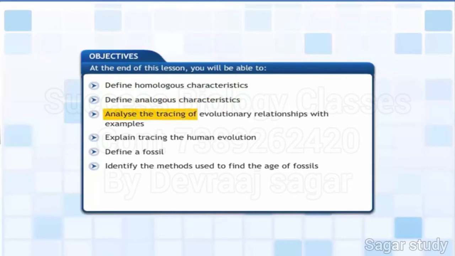Analyze the tracing of evolutionary relationships with examples. Explain tracing the human evolution. Define a fossil. And identify the methods used to find the age of fossils.